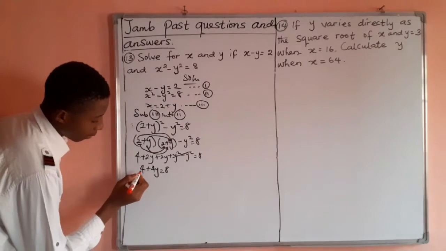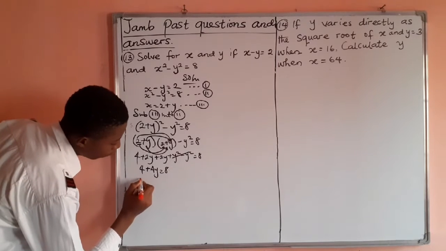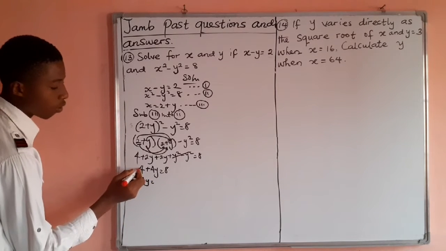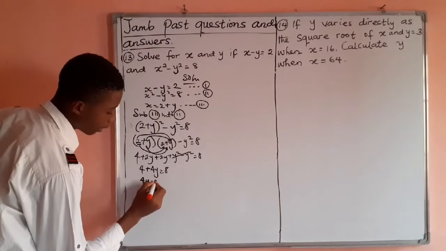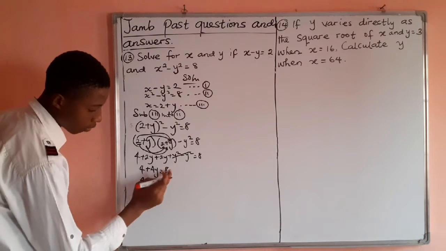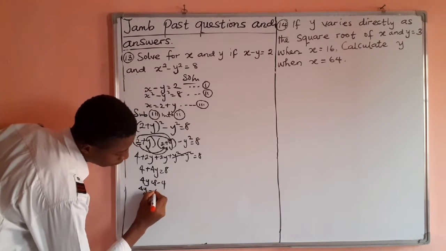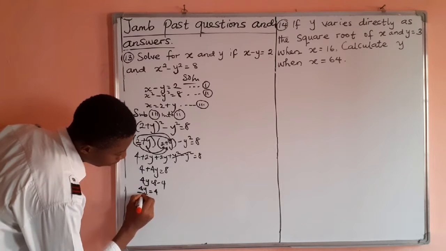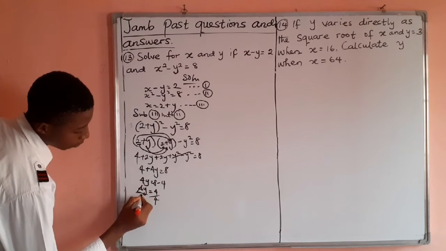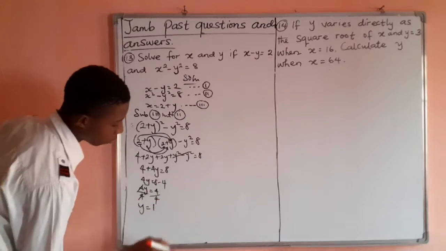We have to collect like terms, meaning 4 will cross over to meet 8, and crossing over gives minus 4. So 4y equals 8 minus 4, which is 4. Divide both sides by the coefficient of y, which is 4. 4 divided by 4 is 1, so y equals 1.